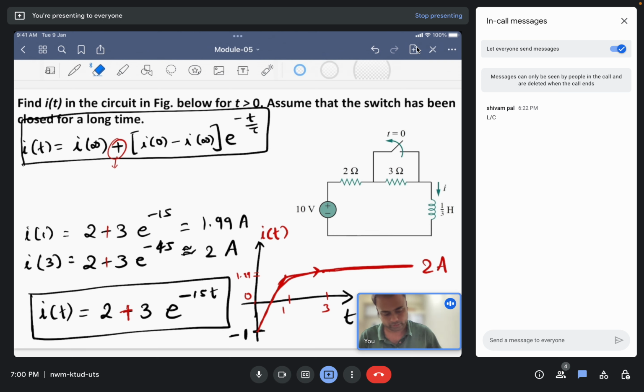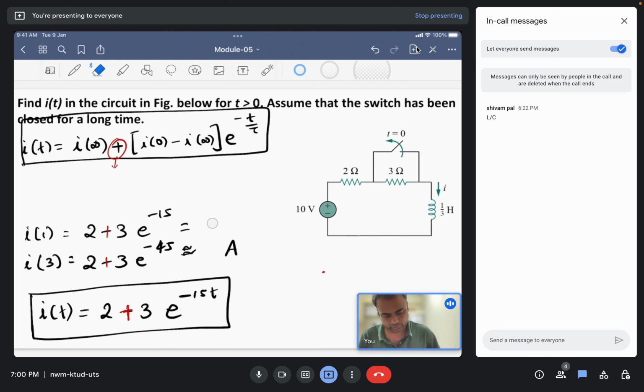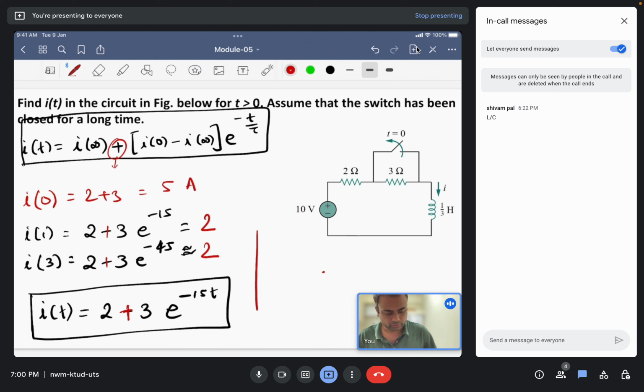So we have to again draw the waveform here. These values will be slightly modified. Since this term is here, it will be 2 ampere and 2 ampere, and at time equals 0 this will be 2 plus 3, that will be 5 amperes. So the curve at time equals 0 will be 5 ampere, and it will be a decaying function that stops at 2 amperes.